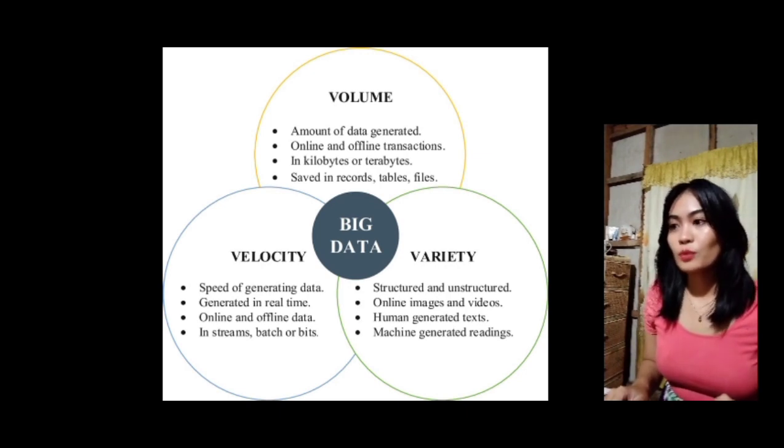So there are of course similarities and differences between these three V's. So those are volume, velocity, and variety, as we have previously mentioned. Now, volume, velocity, and variety represent distinct aspects of data.